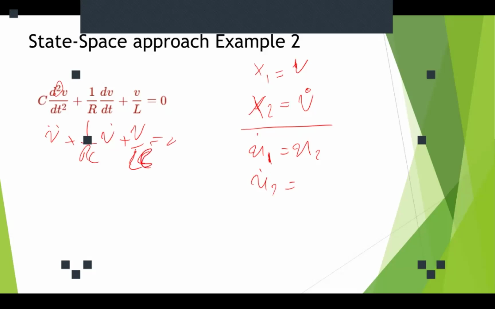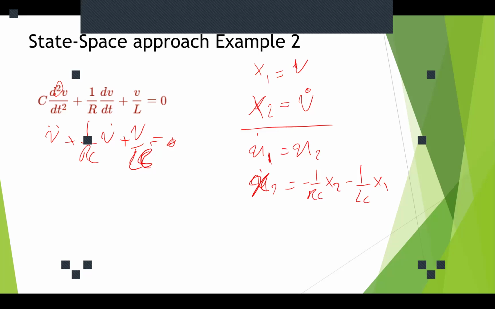So x2 dot is going to be minus 1 over RC times v dot, which is x2, minus 1 over LC times v, which is x1. And we don't have any u, so that's it.